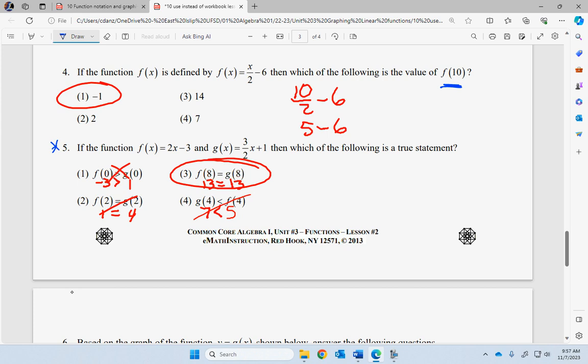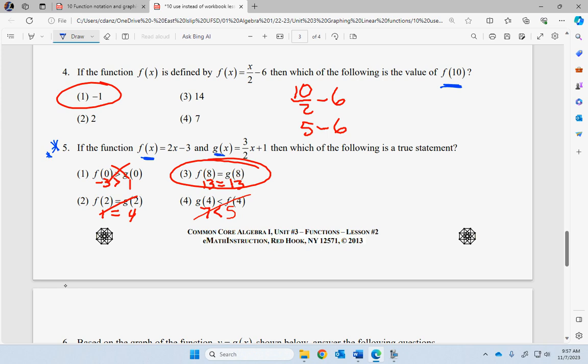I like number 5. You will see things like that on your Regents exam where they're comparing two functions. So they define f of x for us and they define g of x for us, and they're asking which statement is true. So I actually went through each one to find out what was true. So I found out that f of 0 was a negative 3.